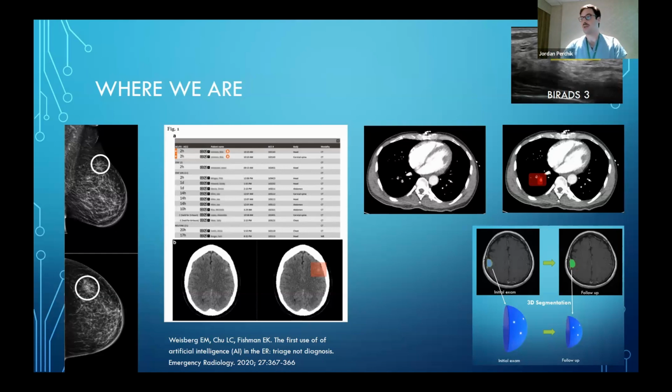In the top right, we have a computer-aided diagnosis application that's helping us diagnose a lesion that we see on ultrasound, another application that's detecting pulmonary emboli, so blood clots in the lungs. And then we have a 3D segmentation application that is providing a 3D volume rendering of a tumor in the brain.